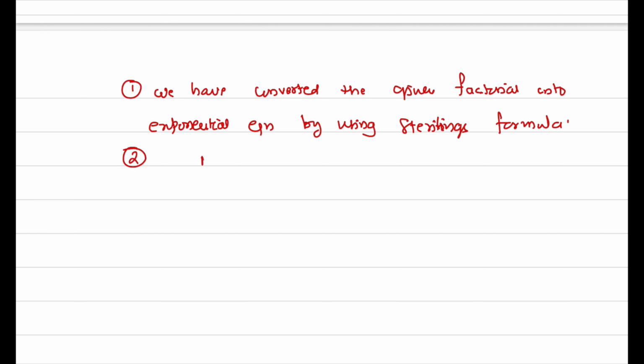Factorial n is approximately equal to square root of 2 pi n, n by e to the power of n. When we are using capital N here, we will use capital N here. This equation, you please remember.